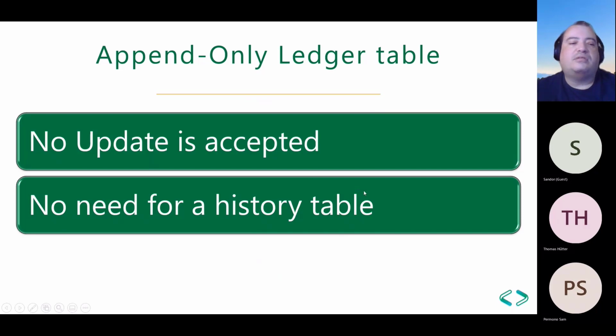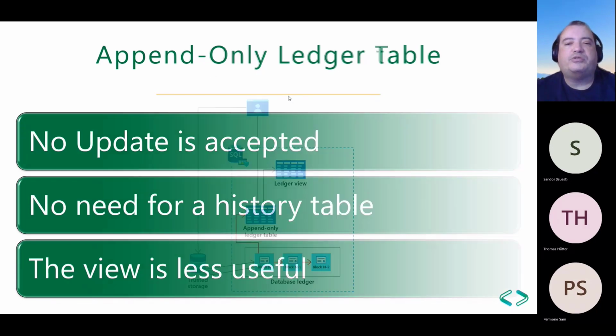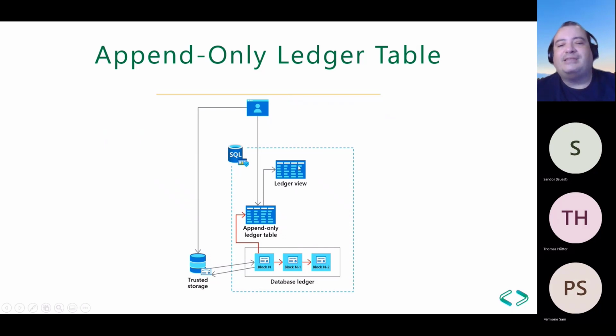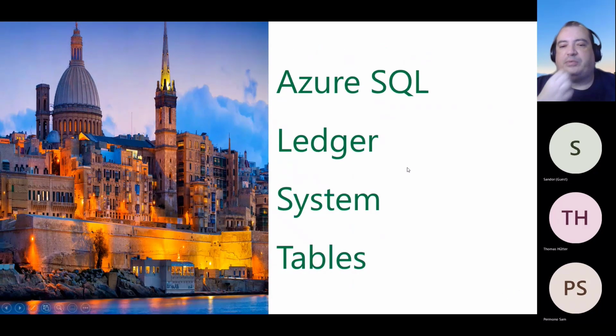All the data inserted in the table is the data which was inserted there. There is no update. And the view in this case is less useful because it will show only the records that we have in the append-only table. All of them were inserted, no update operation happened. The view exists, but is not so useful as it is for the updatable ledger table. We will see this in an example.